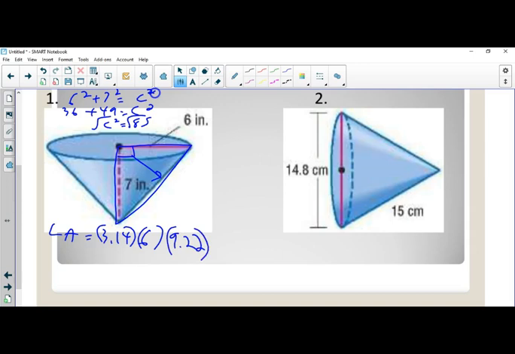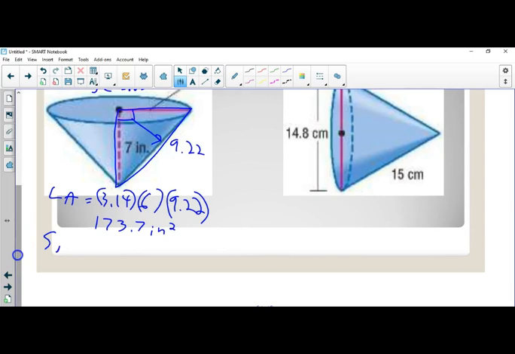It's 9.219. And there's our slant height. So we just multiply those, 9.22 times 6 times 3.14. We get 173.704, so just 173.7. And that's inches squared.